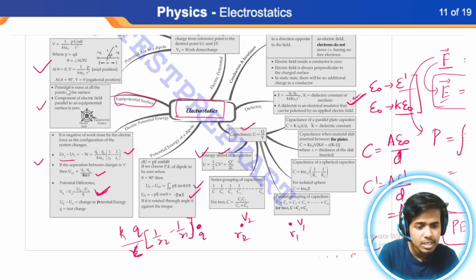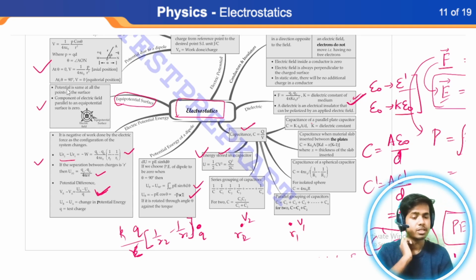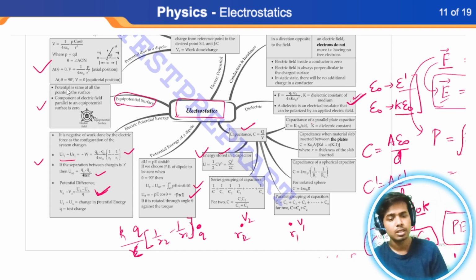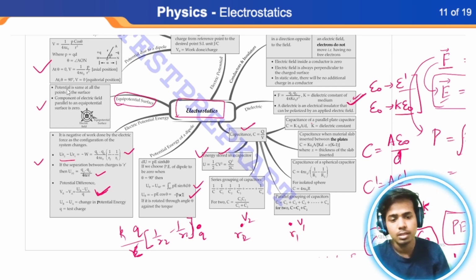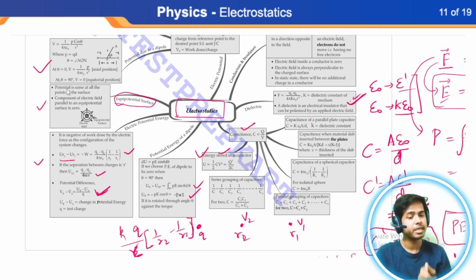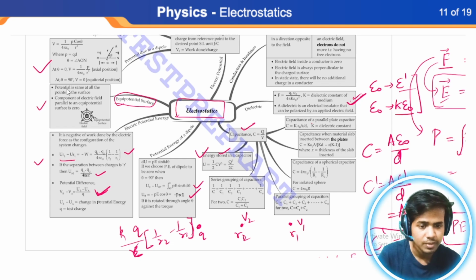So it is basically C dash is equal to K into C original. So capacitance will also increase K times. It's just that the charge will not change. Capacitance will increase by K. The field and the potential will decrease by a factor of K. So this is also covered.